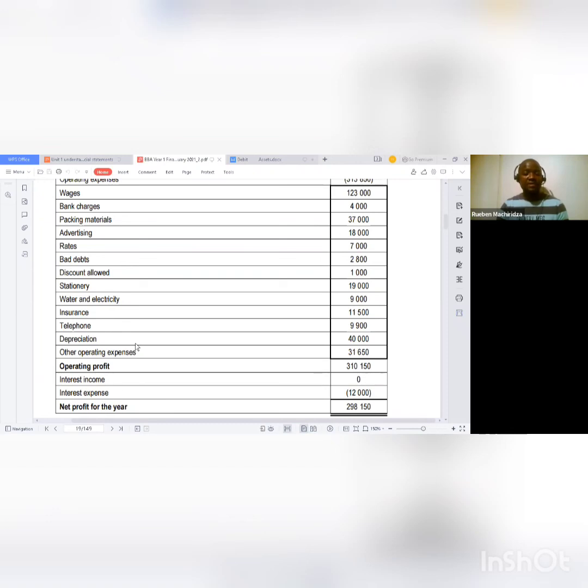It comes as a policy to decide which one we want to use. It differs from one organization to the other, whether you want to use the straight line or the reducing balance, both of which have specific advantages and disadvantages to the company, ones which we will look at as we proceed with the module. And then we have other operating expenses.